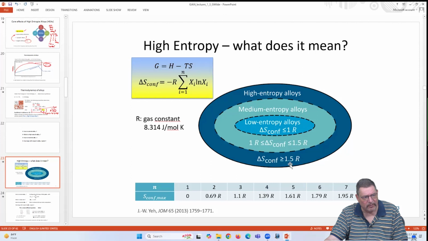If it's larger than 1.5 times the gas constant, then people call them high entropy systems or high entropy alloys. And when you look at the equation, you know that it's just a number of the constituents. Whether you put 2, 3, 4, 5 elements together, if you have 5 or more, then this is more than 1.5 R, so then you are in the high entropy regime.